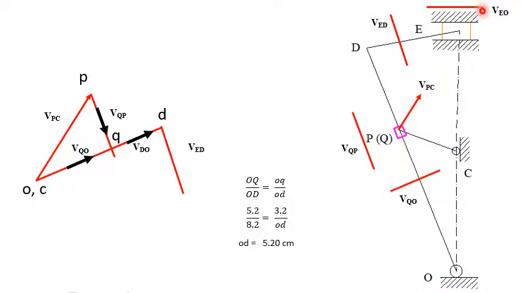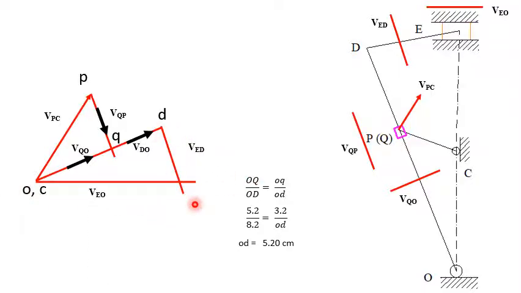So let's move on to the next velocity, the velocity of E with respect to O. Out of this, O is known from the velocity diagram. Therefore, from point O parallel to this, draw a line and extend it till it reaches this line.